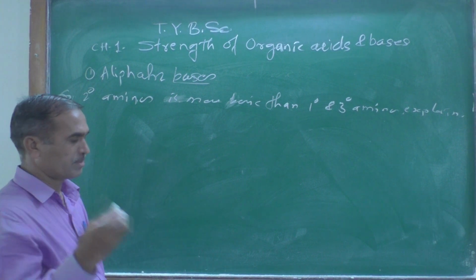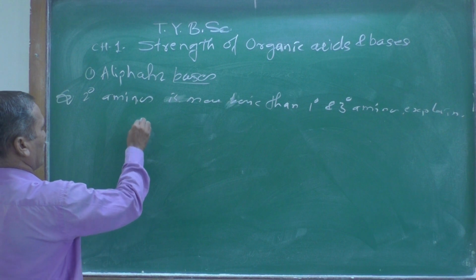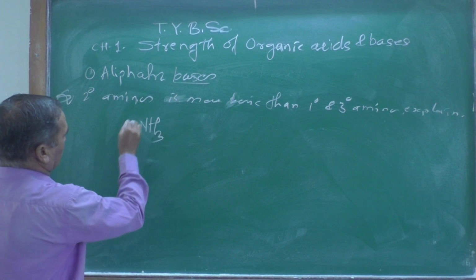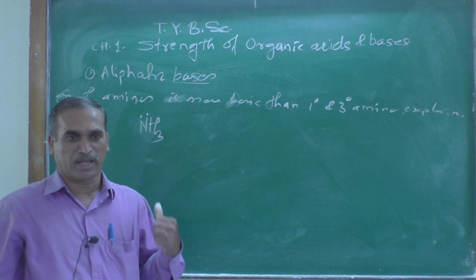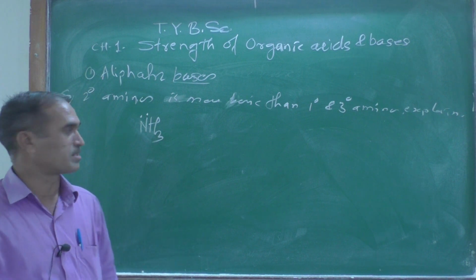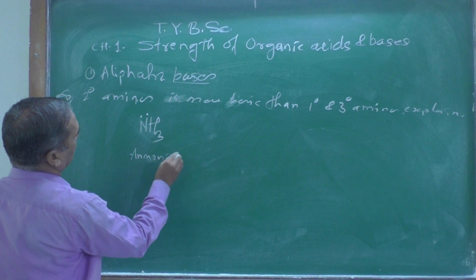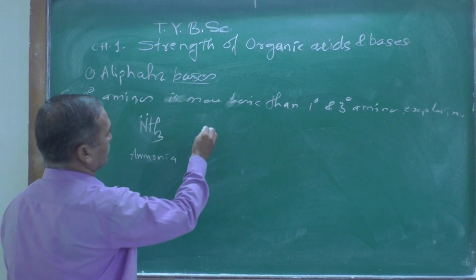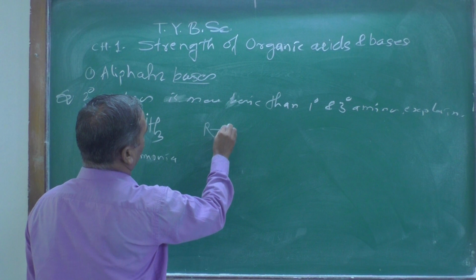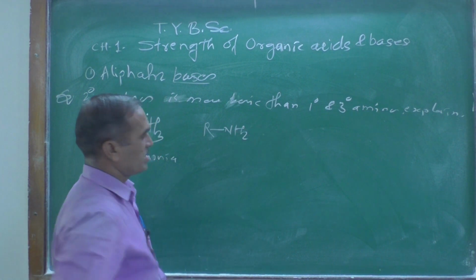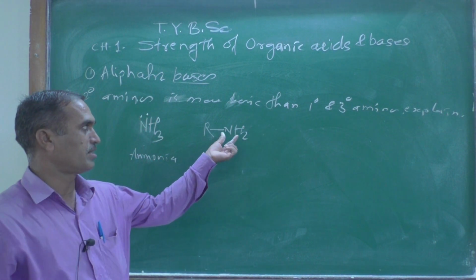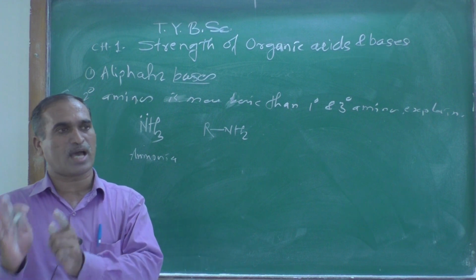Now let us see. I am taking some examples. Suppose I have this one. Everybody knows this structure, right? The name of this compound is ammonia. Now the second one I am writing here, R NH2. There is an NH2 group, it is called an amine.